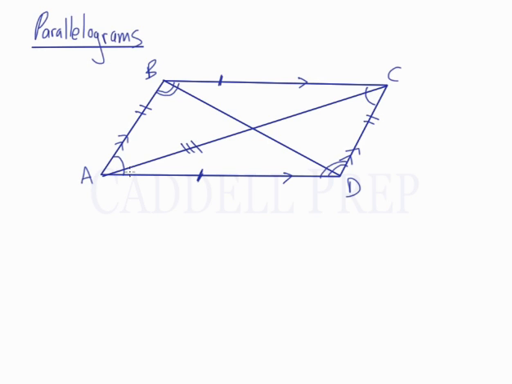So the length of this side equals the length of this line segment. So those are congruent. And likewise, AC splits BD in half. So the length of this line segment is going to be the same as the length of this line segment.